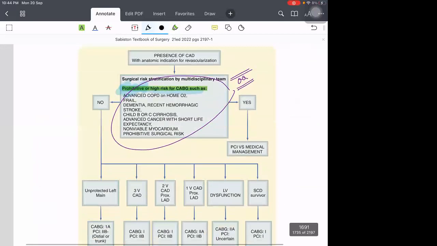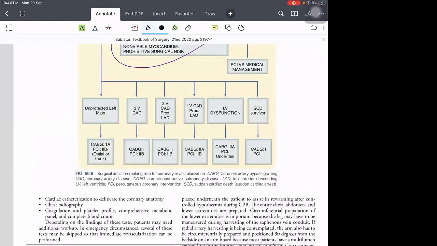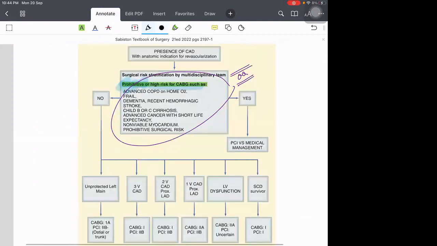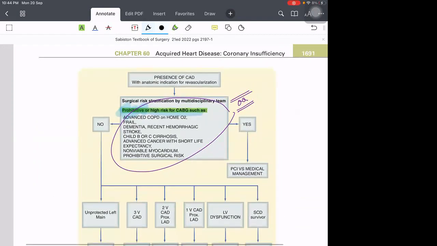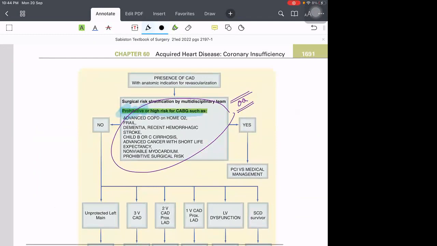Then suppose the patient comes with coronary artery disease; this is your surgical decision making tree of coronary revascularization. Overall they give one flow chart. In the patient with coronary artery disease with an anatomic indication for revascularization, you have to rule out high risk for CABG. What are the high risks for CABG?